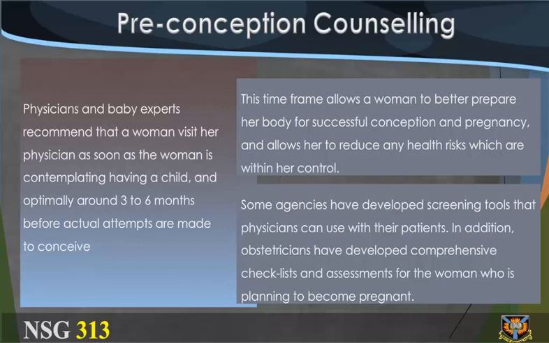Some agencies have developed screening tools that physicians can use with their patients. In addition, obstetricians have developed comprehensive checklists and assessments for the woman who is planning to become pregnant.